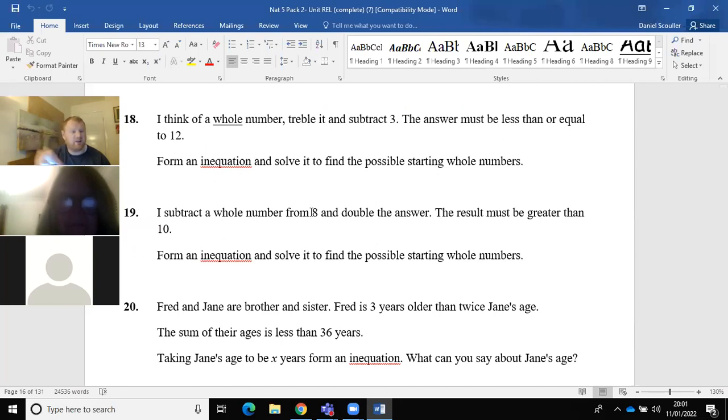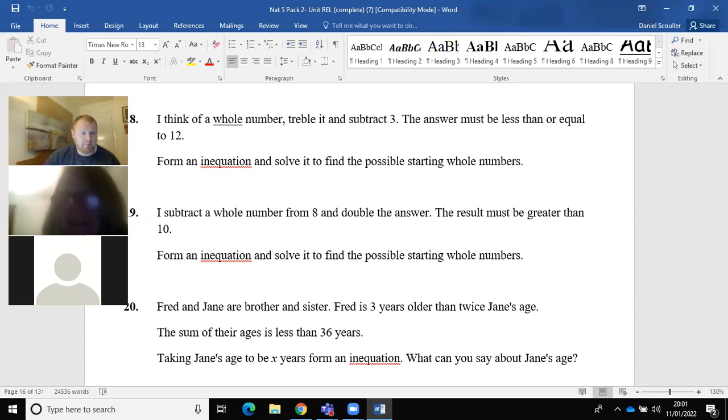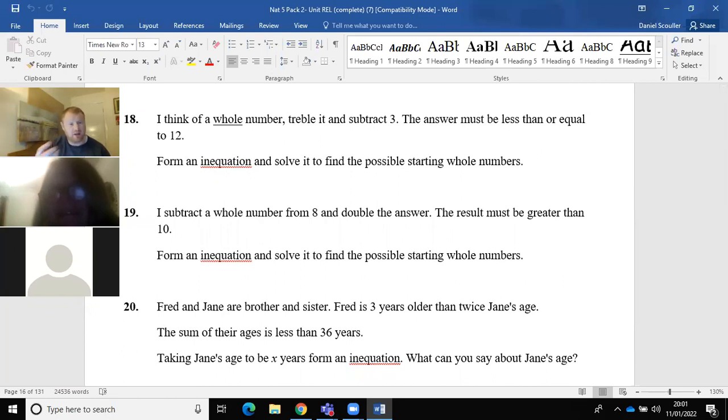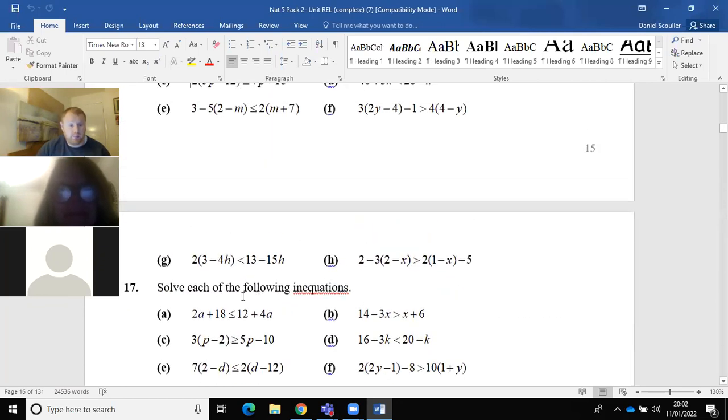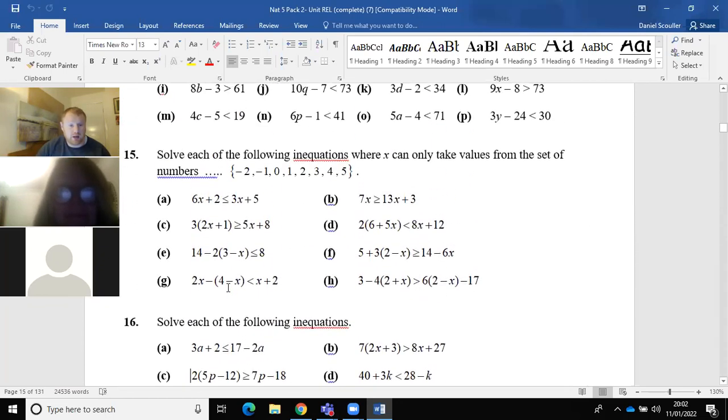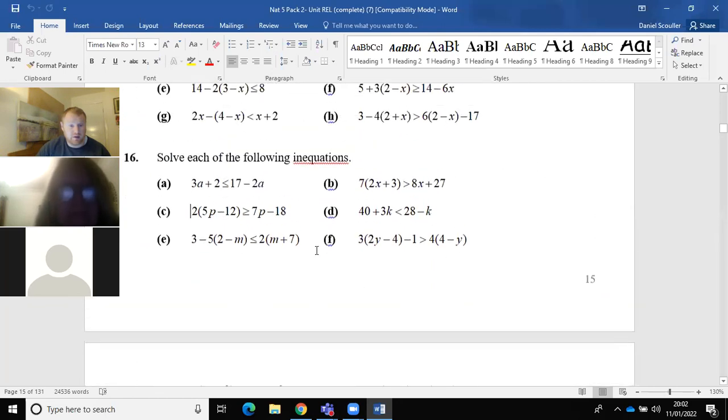They like to put a nice wee story together, and you need to extract the data and put it in an equation. People find it quite tricky to do. I quite like them, but people sometimes find it quite tricky to see exactly what they're trying to pull together. So don't look at that. We'll look at that on Thursday.